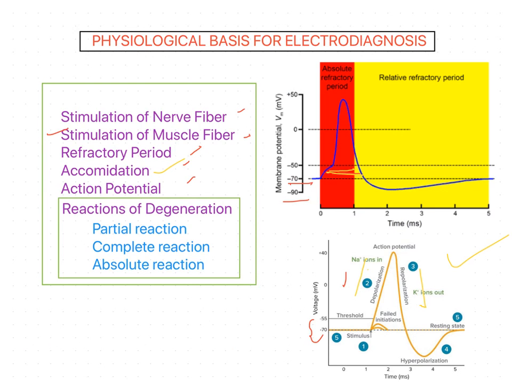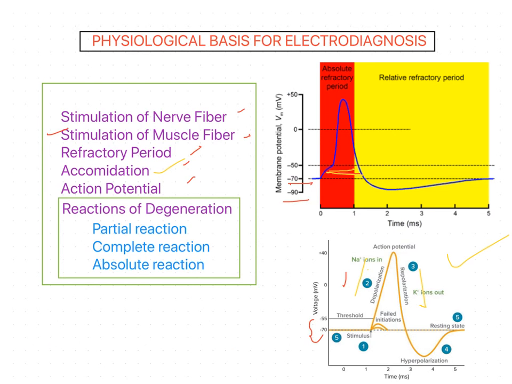Next, the reactions of degeneration. This was first studied in 1868 by Erb, who made his classical observation on the reaction of degeneration in muscles which are deprived of their nerve supply.